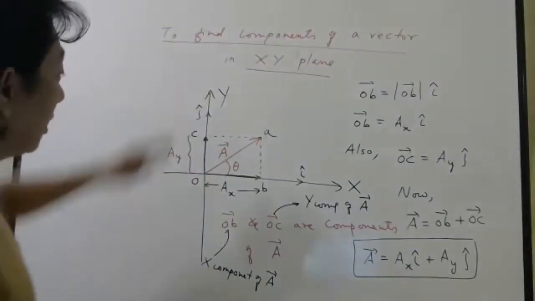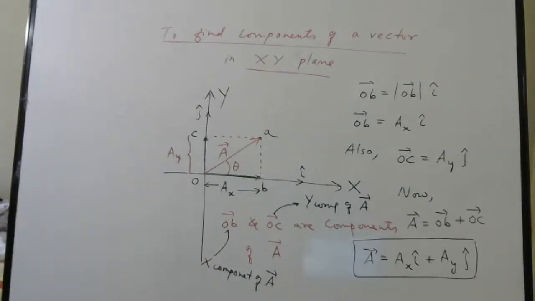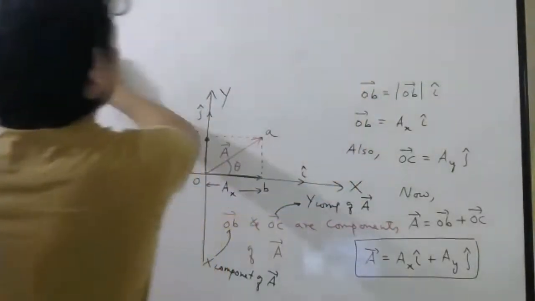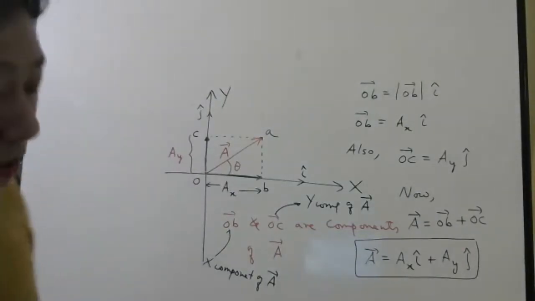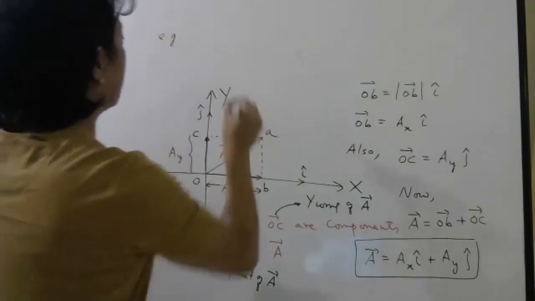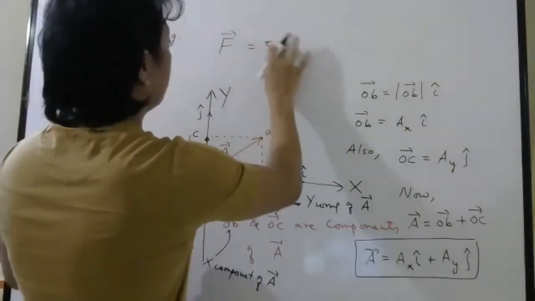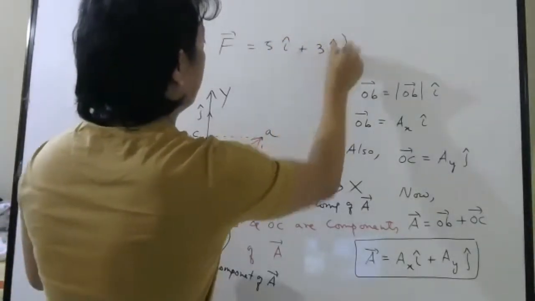Let me give you one example of this. First you write this quickly. Now, as an example, let us say somebody says the force vector is 5 i cap plus 3 j cap Newton.